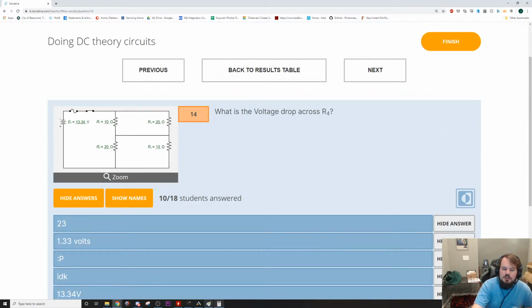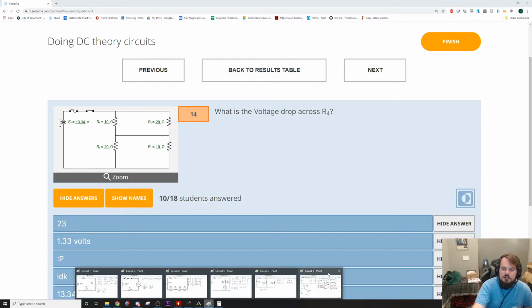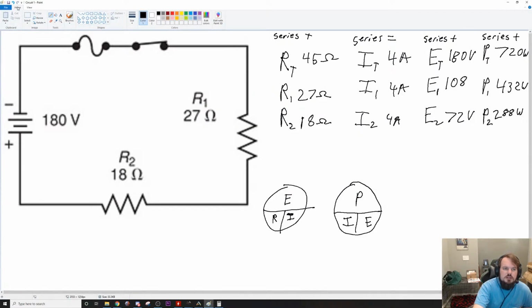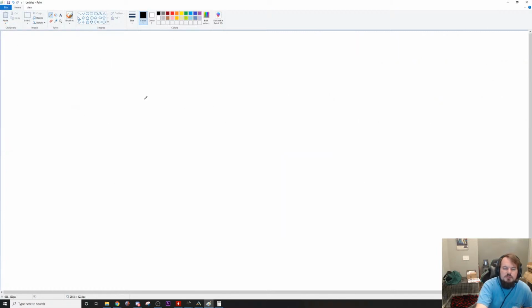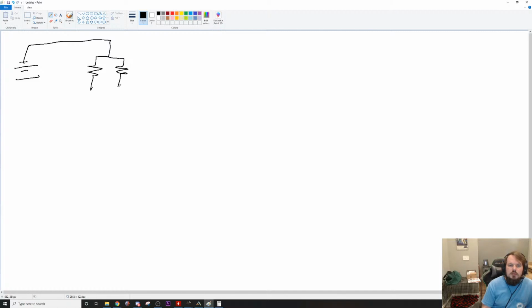Okay, so let's redraw circuit 1, open a new one. Don't save. Let's redraw this circuit so it's a little bit easier to see what's going on. Alright, so here is our, oh, I don't know how they're numbered. Hang on.